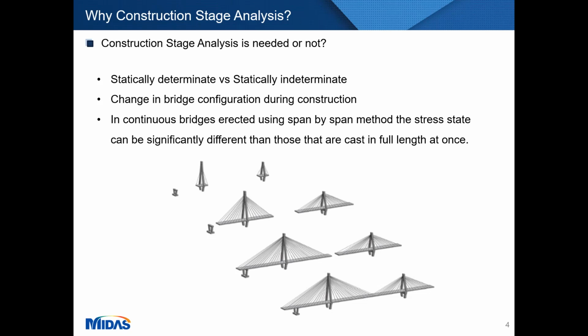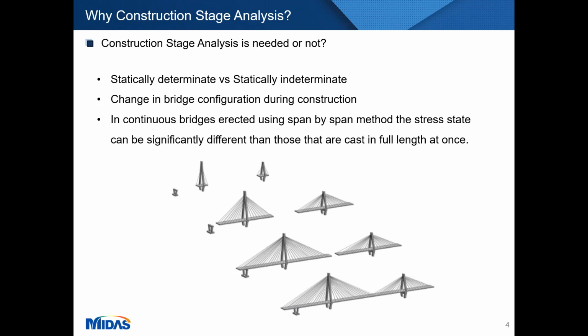However, when we go for a statically indeterminate bridge structure where a continuous deck is built in a number of different stages, things can get a bit complex. Sometimes a change of system during the construction can result in a more critical condition for the structure compared to that of the final state.